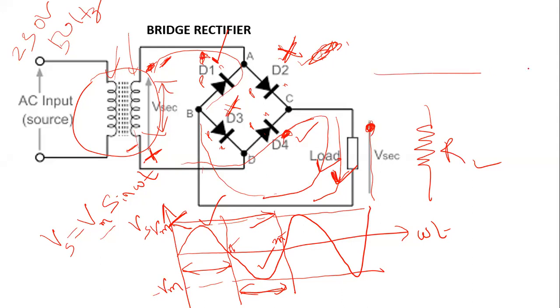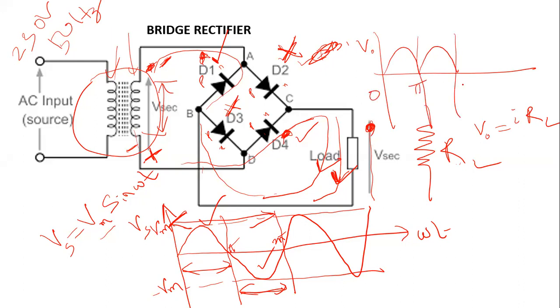So if you measure the output voltage across the load resistance, as the current passing through it times the resistance of the load, then your output voltage will be something like this, between 0 to pi, pi to 2 pi. During these two cycles, it will have a current from top to bottom. Therefore, we achieve what is called unidirectional flow of current.